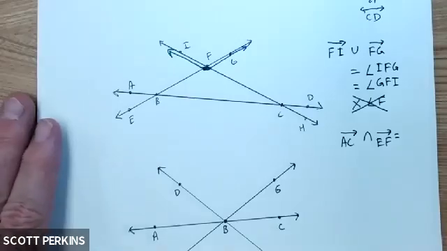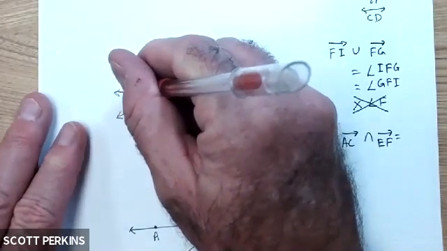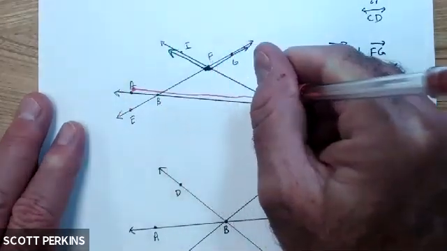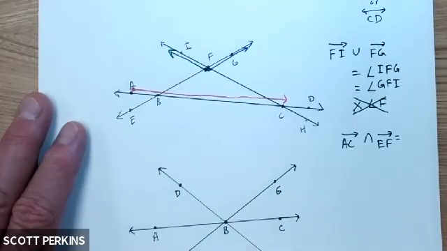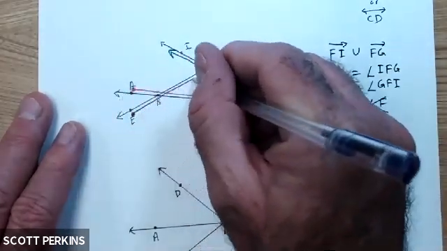Okay, so ray AC is the ray that starts way out here and goes in this direction. And then ray EF starts down here and goes in this direction.